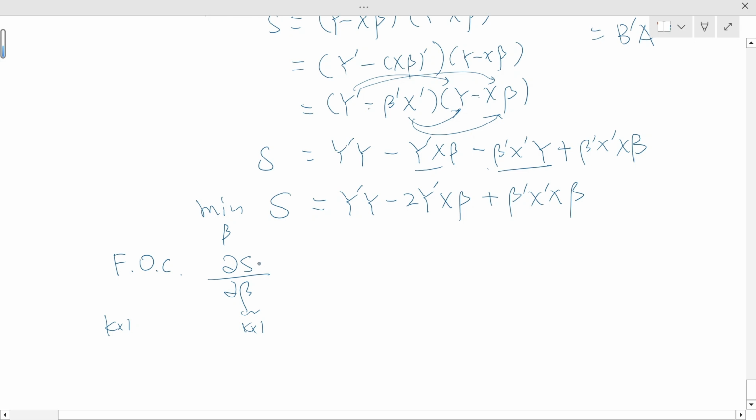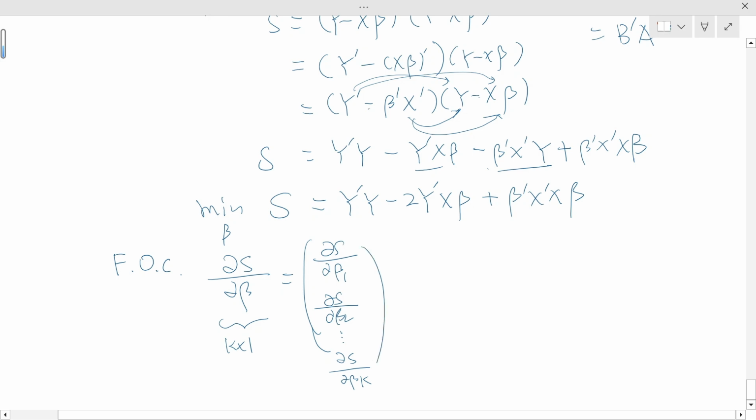So when we partially differentiate s with respect to beta, now we are getting a k by 1 vector. This is equal to differentiating with respect to the first element beta 1, then beta 2, then beta k.